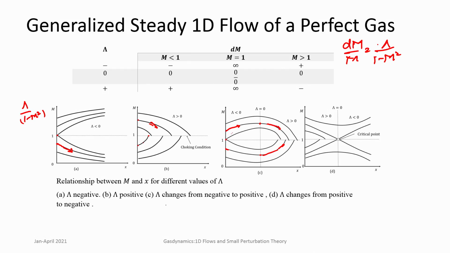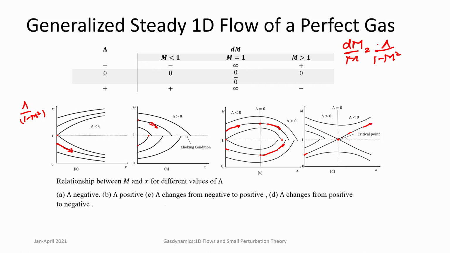So if it had started from 1, it accelerates, decelerates and comes back to 1. But if you consider a case where lambda is initially positive, then a subsonic flow will accelerate, then it will reach lambda equal to 0, which is a critical point when Mach number is 1, and then it can further increase when lambda switches sign and becomes less than 0.